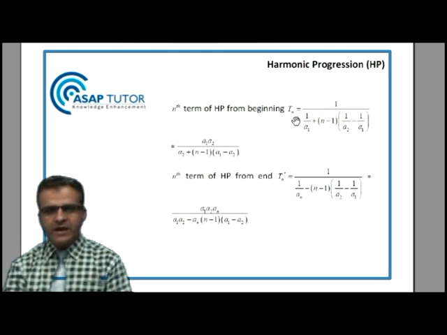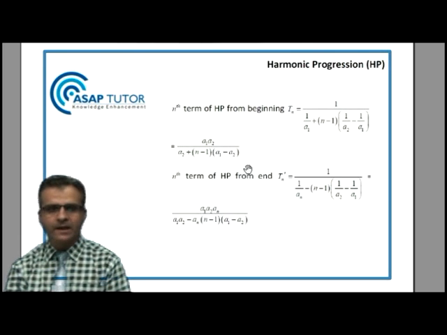Here a1 is the first term of the HP, so therefore 1 over a1 will be the first term of the AP, and in AP we have the formula first term plus n minus 1 into common difference. So the common difference we can find by taking the difference of two consecutive terms, and solving it we get the nth term equal to a1 a2 divided by a2 plus n minus 1 into a1 minus a2.